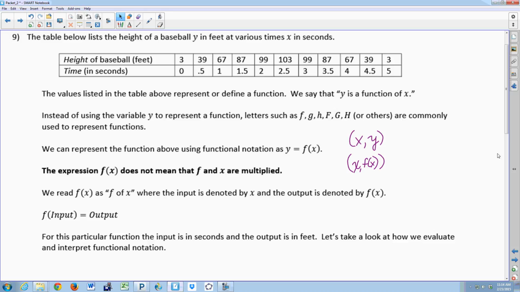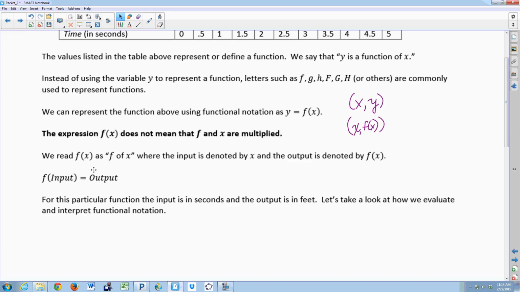So every time you see this notation, regardless of whether you're working with x's and y's or t and h's, whatever is in the parentheses of your function notation is the input value. It could be an expression like x plus 2 or x plus h, or simply a number like 2. It's any input, either a value or an expression.